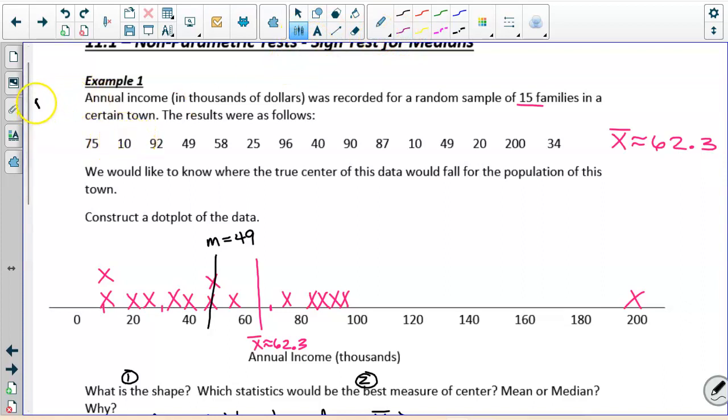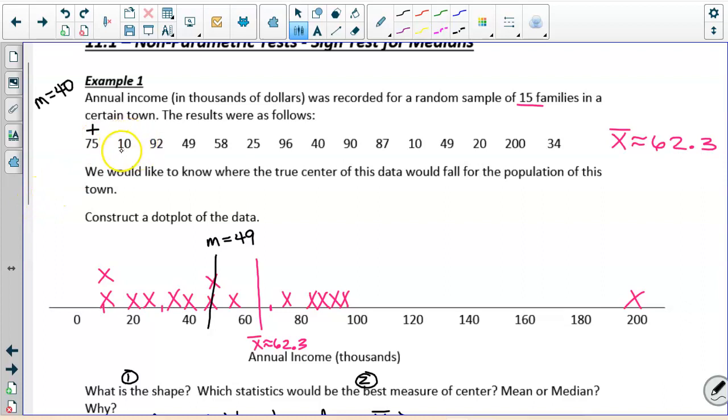The claim is the median is $40,000, right? Is 75 above that number, below that number, or equal to that number? Above. So I'm going to put a plus here.